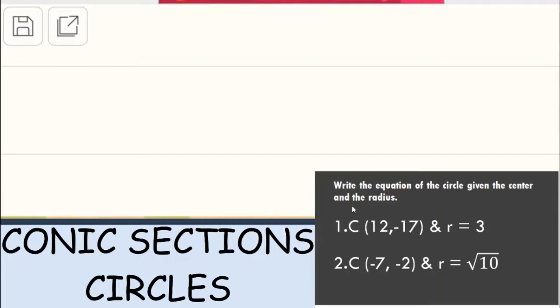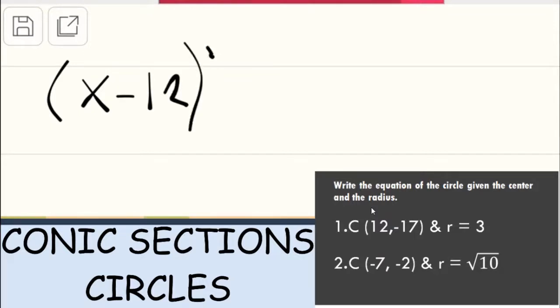So, let's try number 1. The center is 12 and negative 17. So, we know it will be x, opposite. We took the opposite earlier, so we also take the opposite when we turn it back into the equation. Since it is positive 12, it becomes x minus 12, squared.